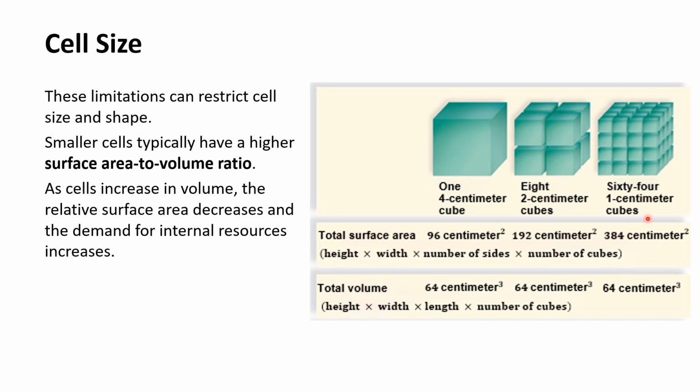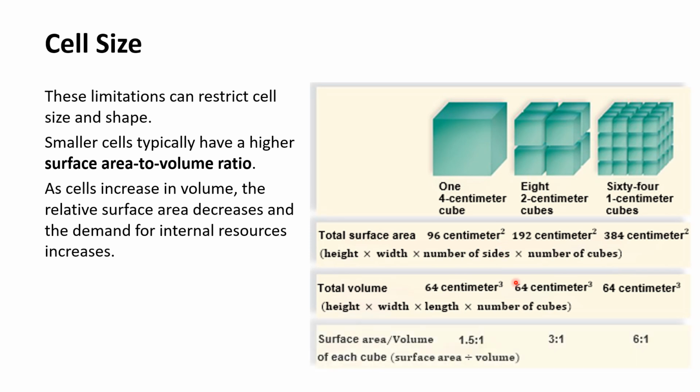Well, now let's compare the total volume. Notice that the volume ends up being the same in each case. So what we're demonstrating here is that when you go from small cubes to a large cube, you're decreasing the surface area and relatively increasing the volume.